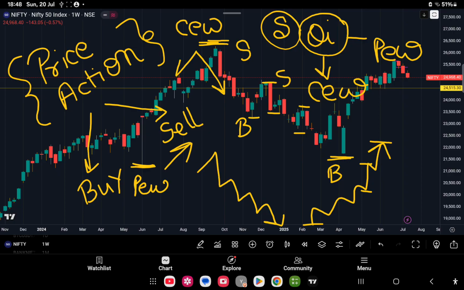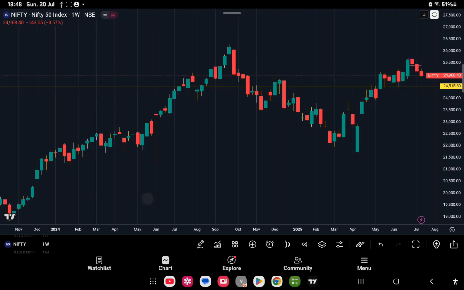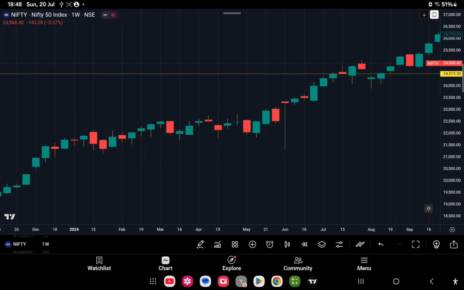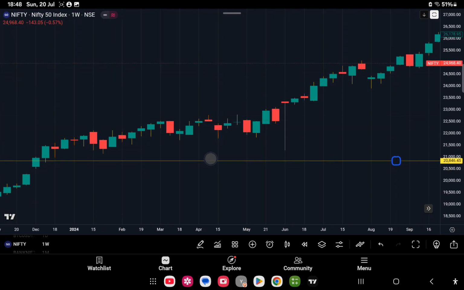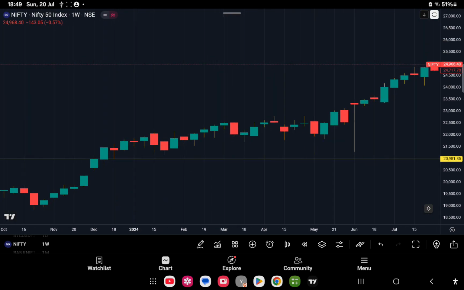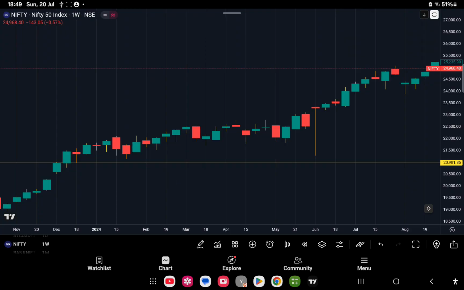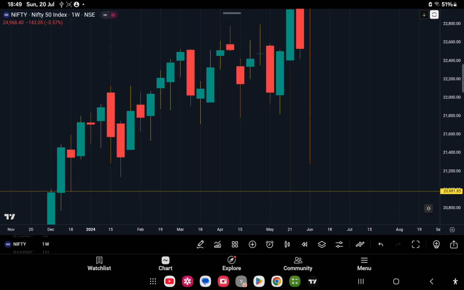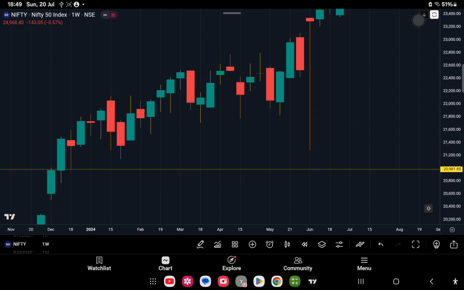Now we will see month wise. Let me pick one candle. I'll put the zone so that we might understand easily. So 2024, this is the 24 open.